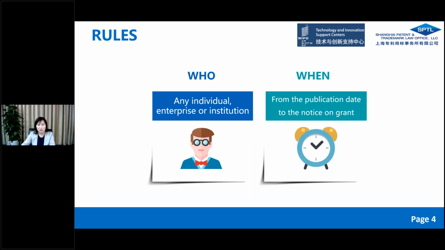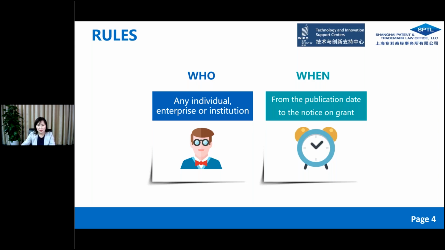For a patent application entered into China under the Paris Convention, the application will be published after 18 months from the priority date. That means the observation for the application under the Paris Convention can be filed after 18 months from the priority date.